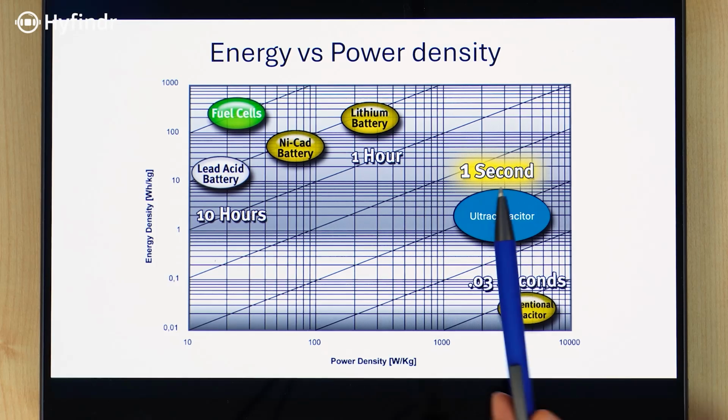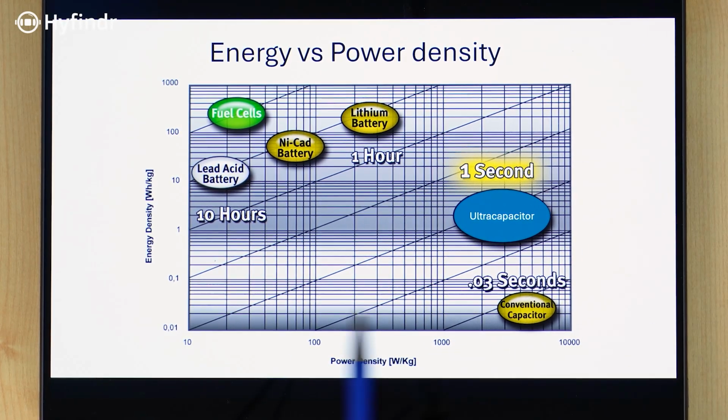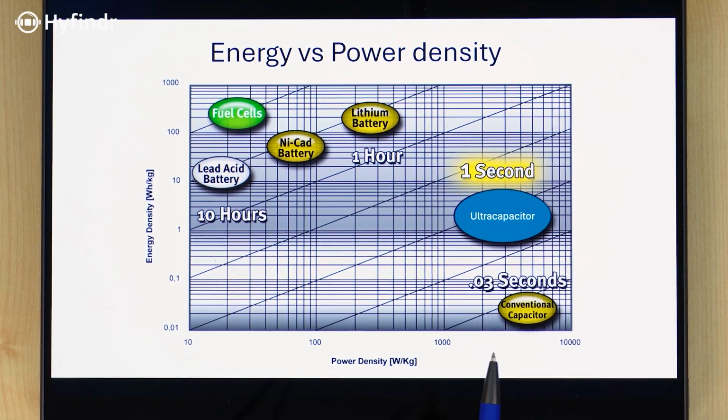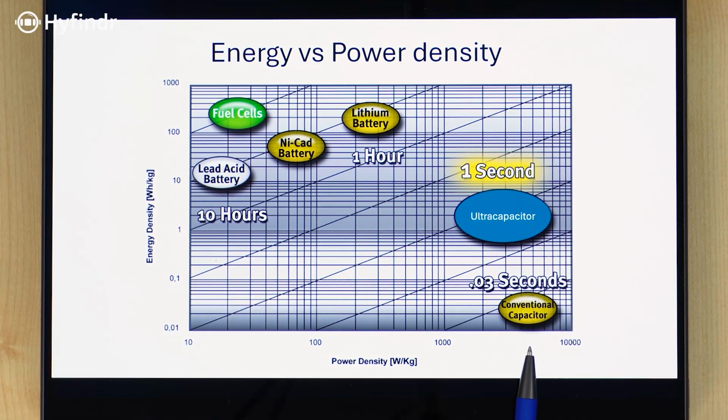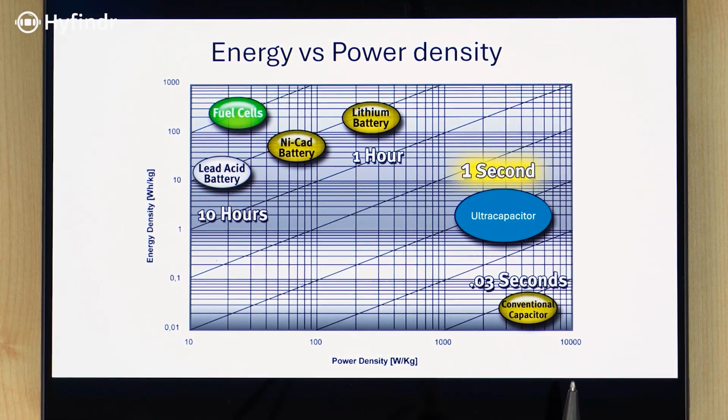But the supercapacitor in terms of energy density is lower, but seems to be much higher, and this is a logarithmic scale here, in terms of power density. So I do not have to carry much weight to have a lot of power, but it's for a short time. Exactly. So it really depends on the application what the best technology source is.